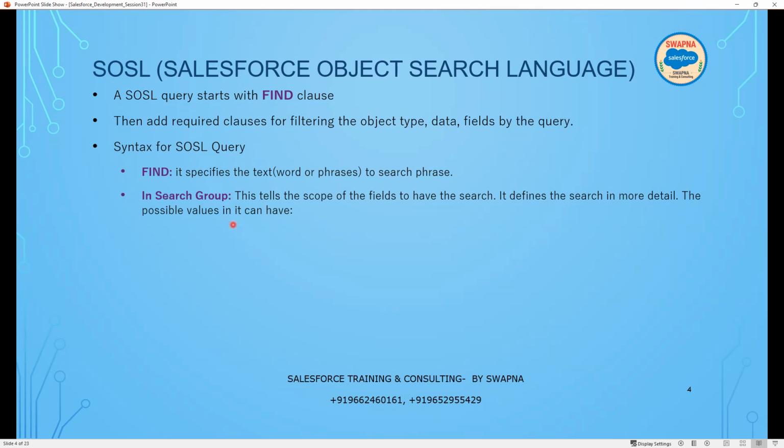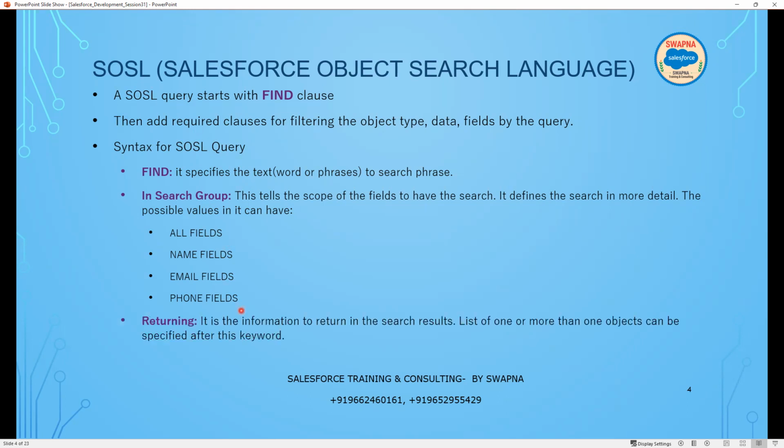The search group tells the scope of the fields that you are searching. Do you want to search the particular text in all fields, name fields, email fields, or phone fields?